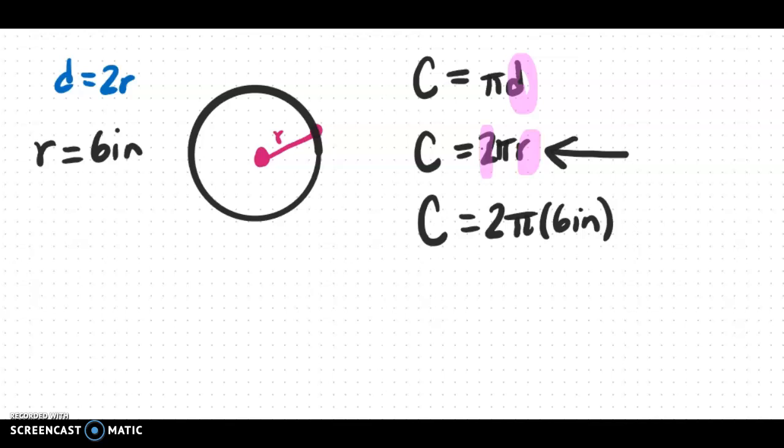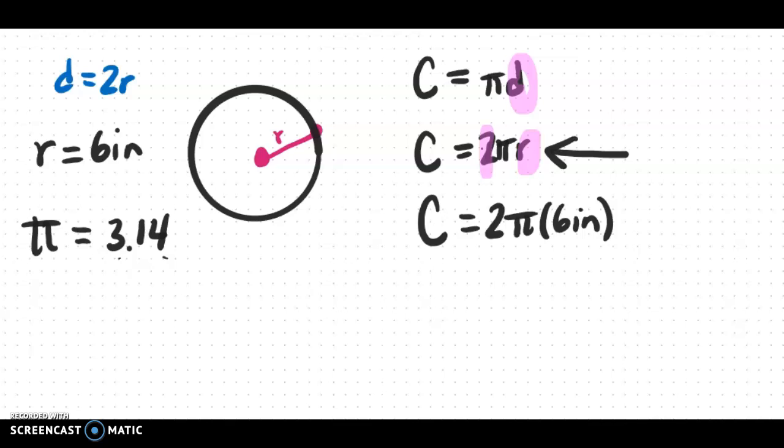Now, pi is a number. And we have to pay attention because sometimes we are asked to use the number abbreviated. Pi is an irrational number that continues on forever. Sometimes we abbreviate it with 3.14. So if they tell us in the MyLab Math to use 3.14, that's what we do.